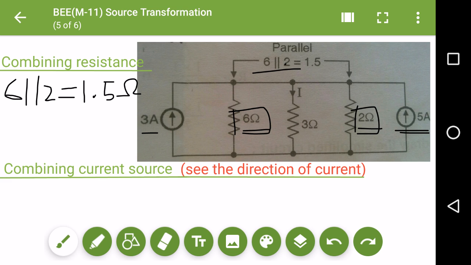Similarly, I will also combine my 3 ampere current source with the 5 ampere current source, as both current sources are going in the same direction. When combining current sources, the values get added.